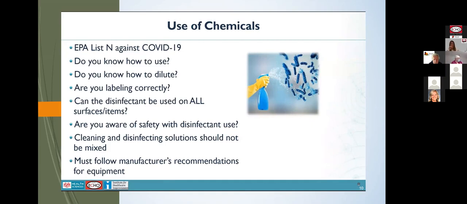For employees with asthma or other respiratory conditions, you will need to be sure if it is safe to use cleaning and disinfecting products, even with respiratory protection. We also must remember to always follow the manufacturer's recommendation for the equipment we are cleaning and disinfecting.